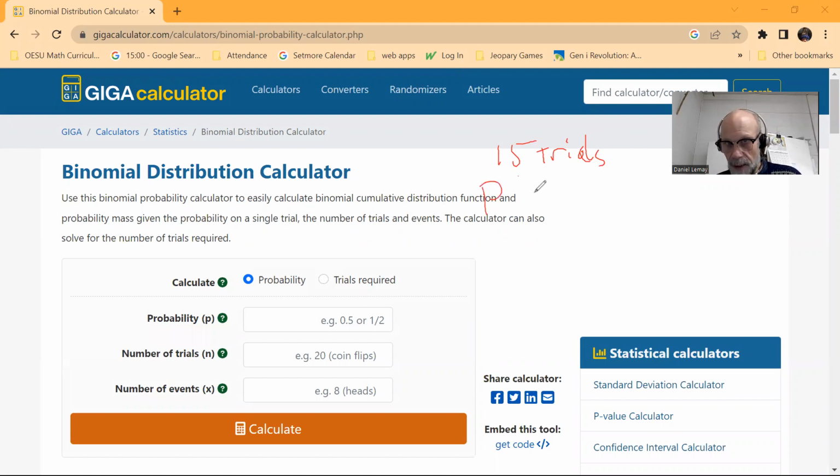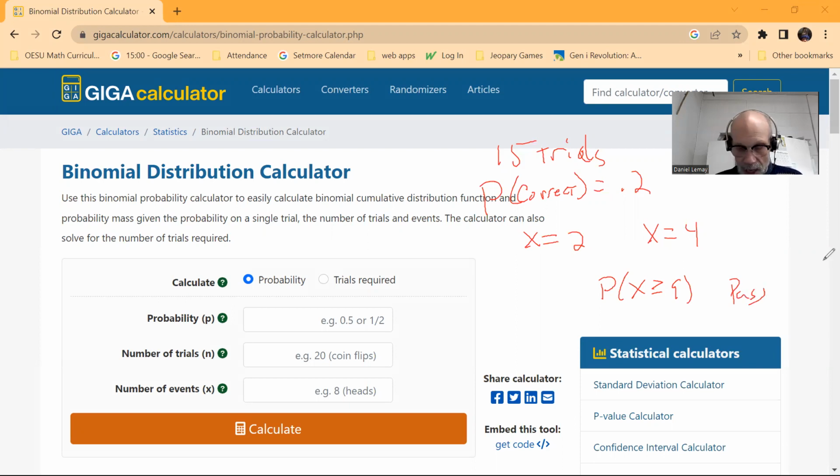The probability of guessing correctly, because there's 5 outcomes, is 1/5, so 0.2. And we want to know the probability of getting exactly 2 correct, the probability of getting exactly 4 correct, and the probability of getting 9 or more correct to pass. And we'll talk about how to get this out of your calculator without having to do all that work.